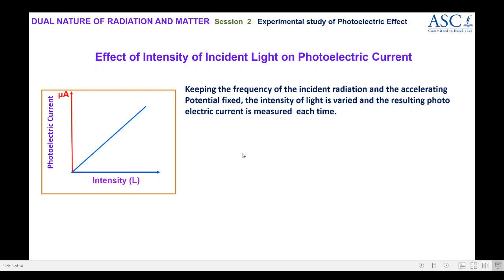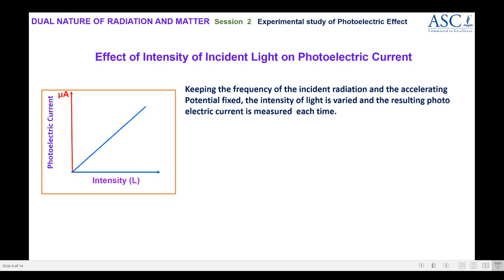Now in the experiment, if the frequency of the incident radiation is kept constant, which means if you use only one color, the monochromatic color, with one wavelength, which is nothing but one frequency. And if the anode potential is also fixed, then the intensity of light is varied, which means you can use a bulb of 100 watts and then 200 watts, 300 watts and so on.